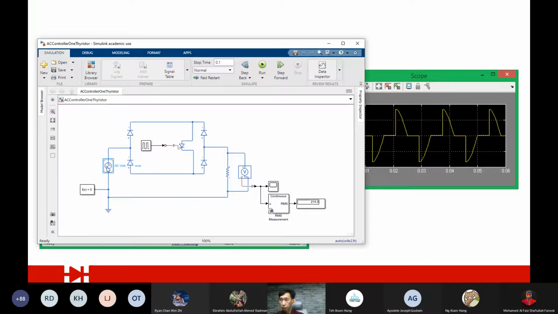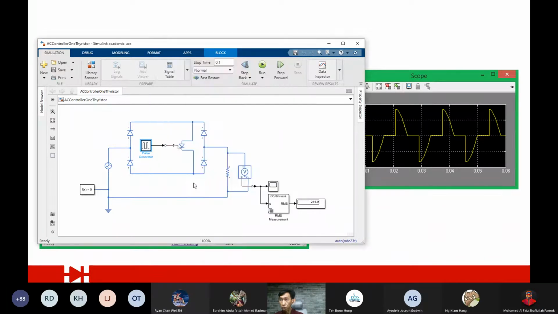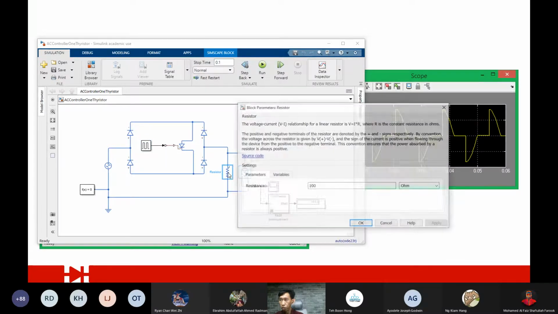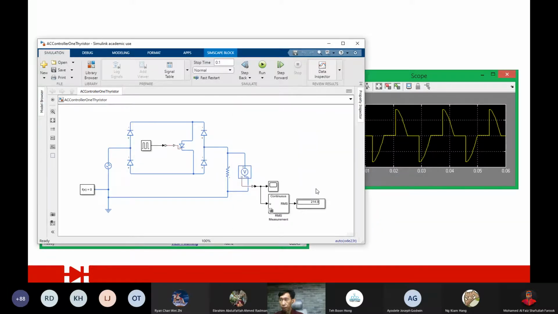The rest is the same, 3 to 5, 50 hertz. This one is also the same. Pi divided by 4, no change. You just change this part only. The load should be the same, 100 ohms, 10 ohms.